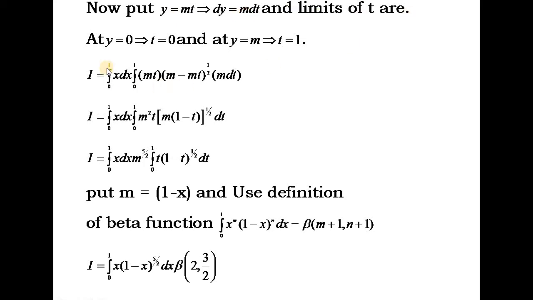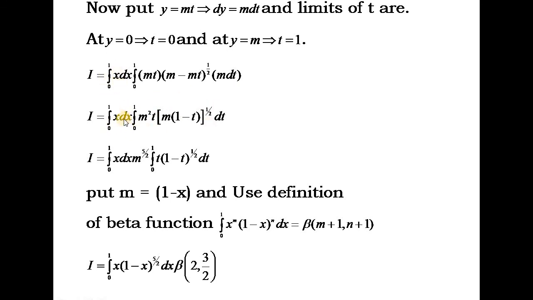The limits of t: at y equal to 0, t is 0, and at y equal to m, t is 1, so t limits are 0 to 1. So the innermost integral is 0 to 1 of mt, which is y, and m minus mt, which is m minus y, to the power 1 by 2, times m dt, which is dy. So solve.